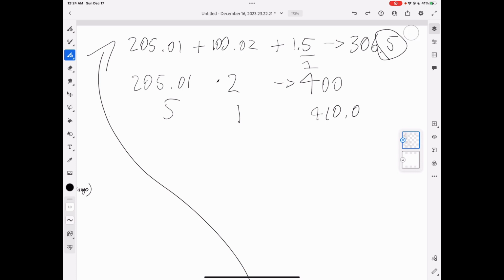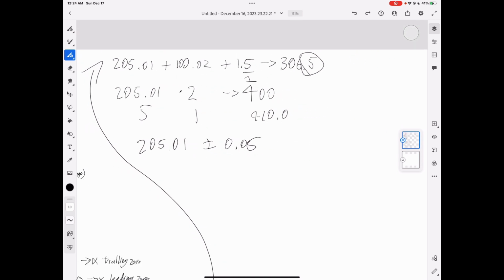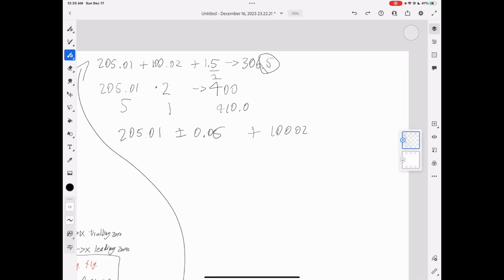So let's continue on with adding and subtracting uncertainties. So let's say we have 205.01 plus or minus 0.05, and we wanted to add this to 100.02, also plus or minus 0.05.